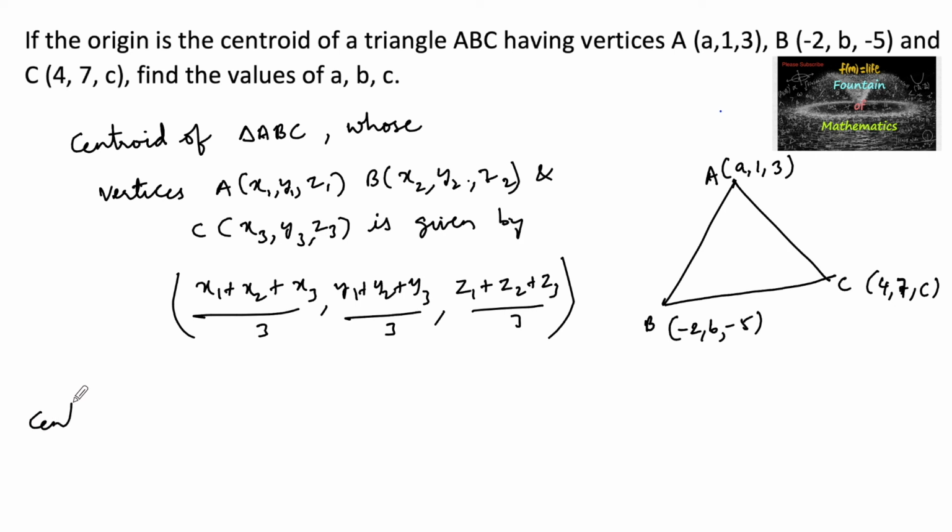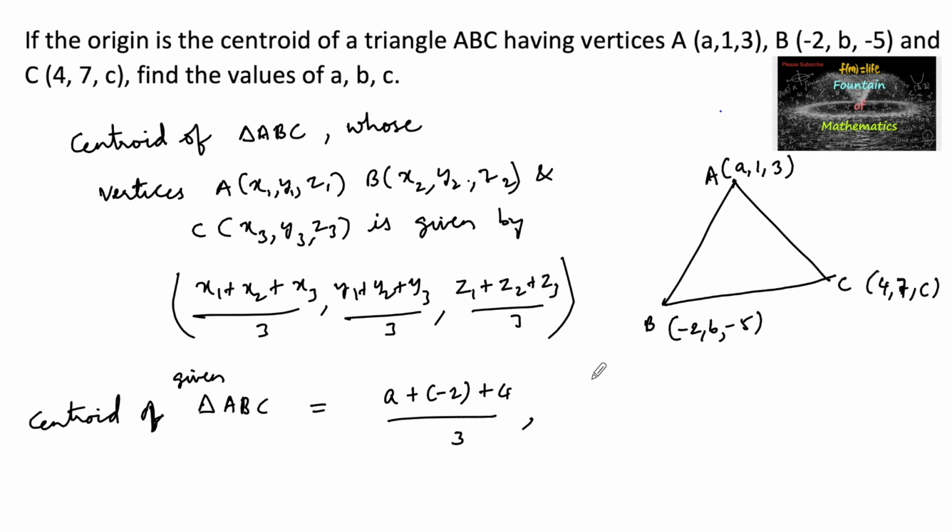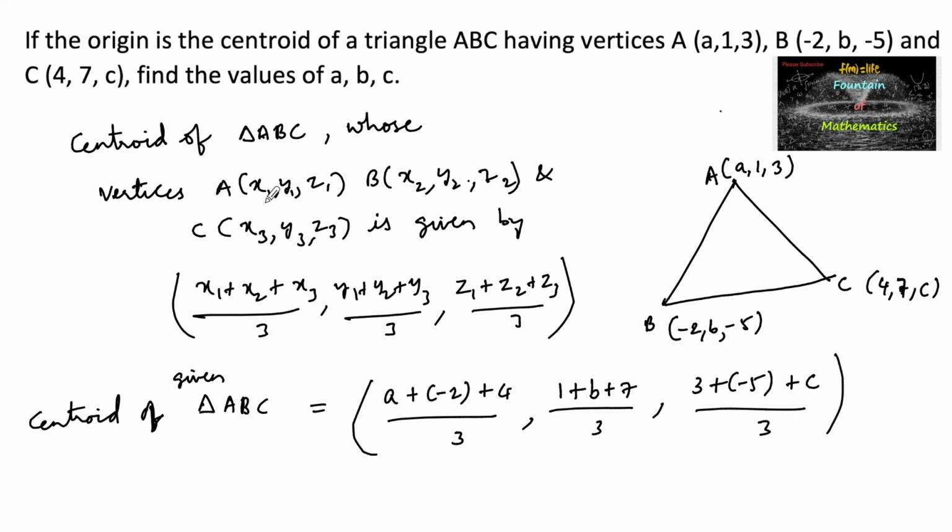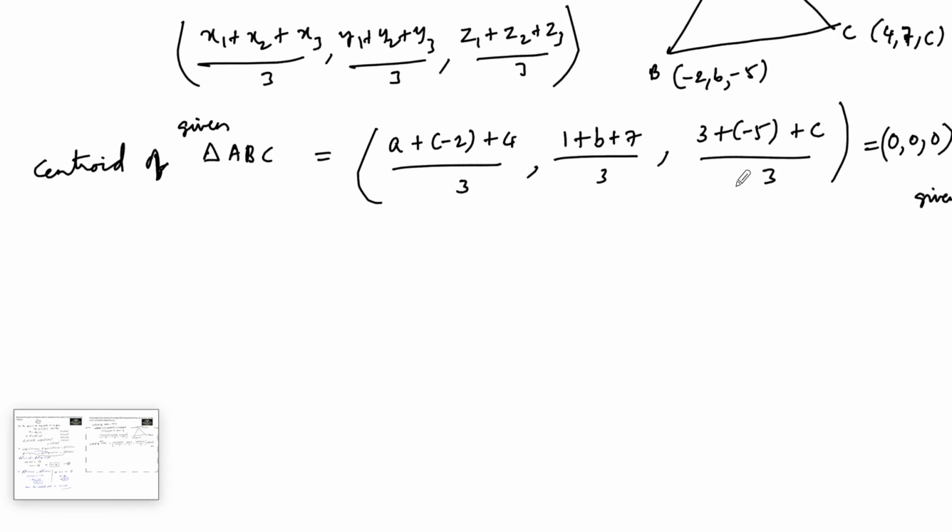So we can write the centroid of the given triangle ABC is equal to ((a plus of minus 2 plus 4) upon 3, (1 plus b plus 7) upon 3, (3 plus of minus 5 plus c) upon 3), and it is given in the problem that the origin is the centroid, (0, 0, 0). If two ordered triads are equal, the corresponding elements are equal.